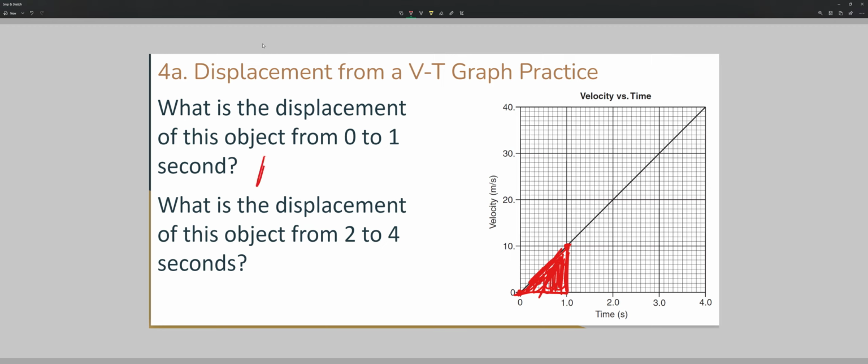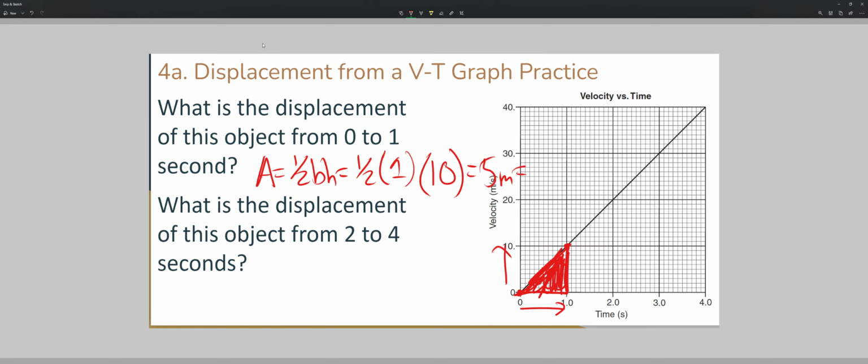How do we calculate the area of a triangle? We do 1/2 base times height. My base is 1, because I go from 0 to 1, and my height goes up to 10. So my distance traveled, or my displacement, would be 5 meters.